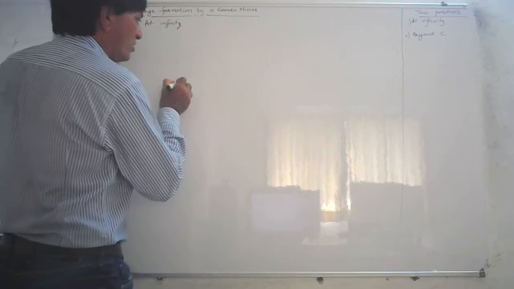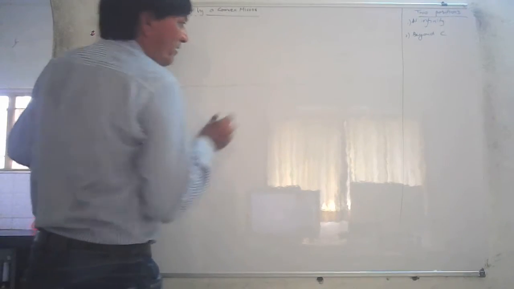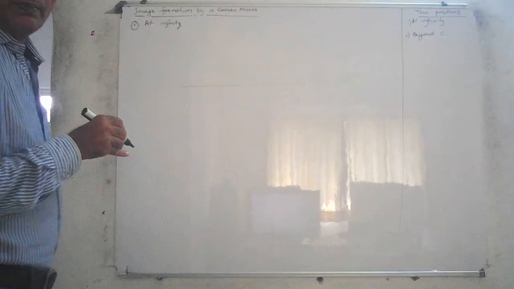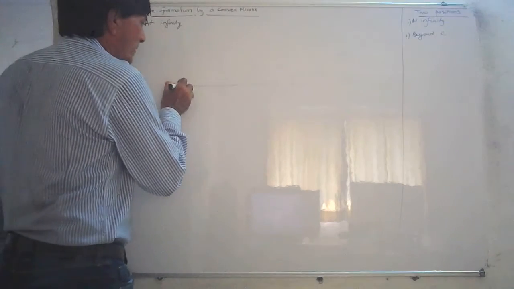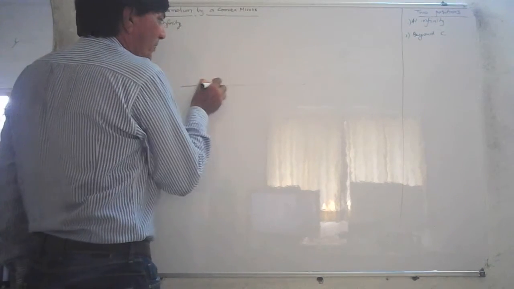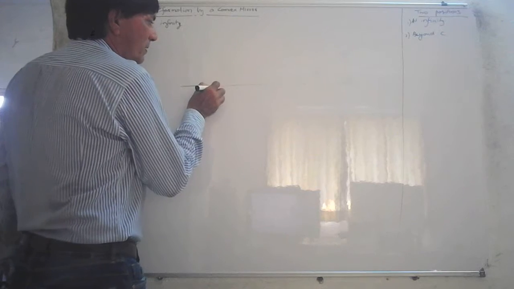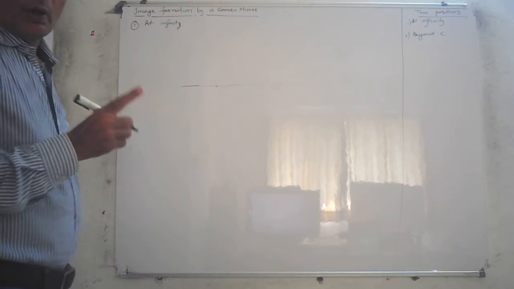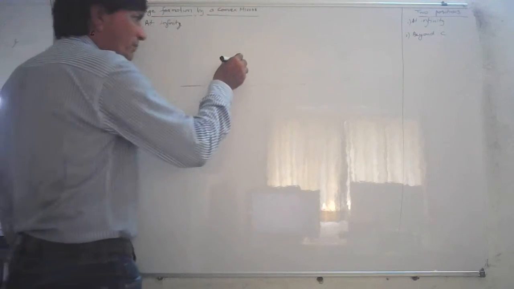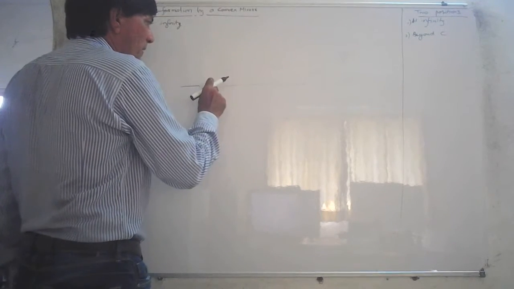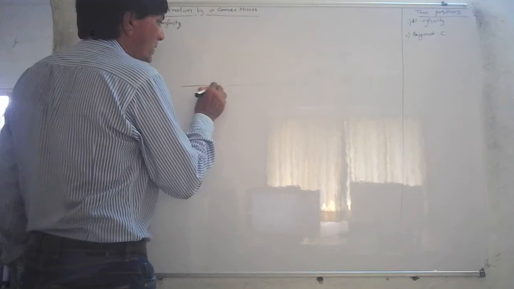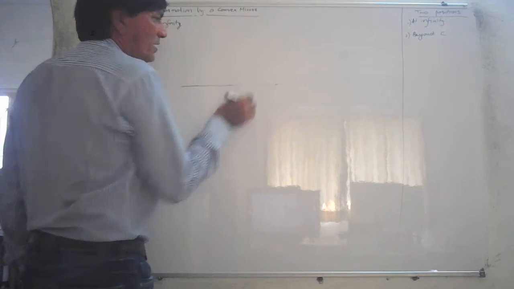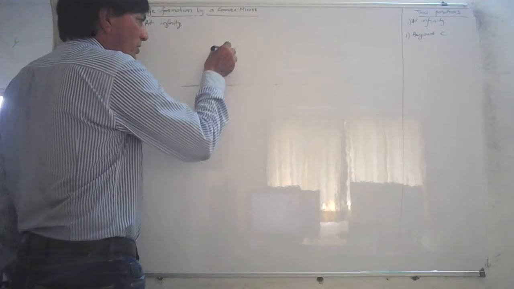At infinity first. Just like yesterday, we first draw a principal axis, and then we mark a point here. Remember, this is a convex mirror, not a concave one. So we mark it this way, and then draw it this way.